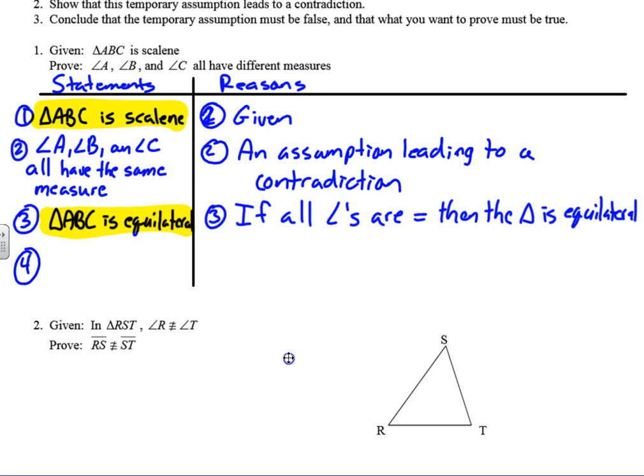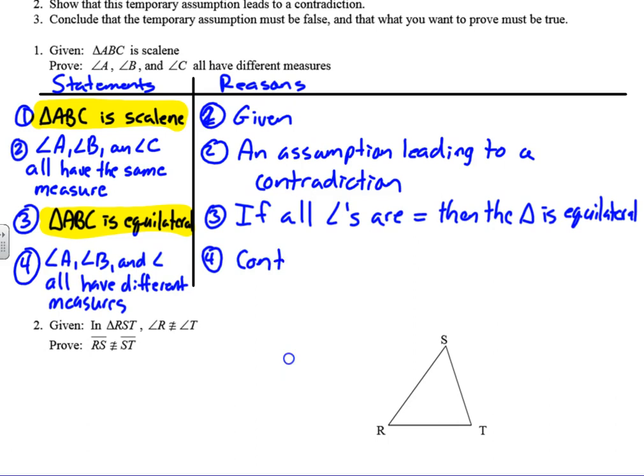So therefore, angle A, angle B, and angle C all have different measures. And the reason for that is a contradiction in statements 1 and 3.